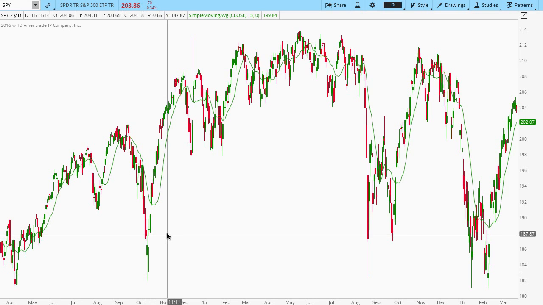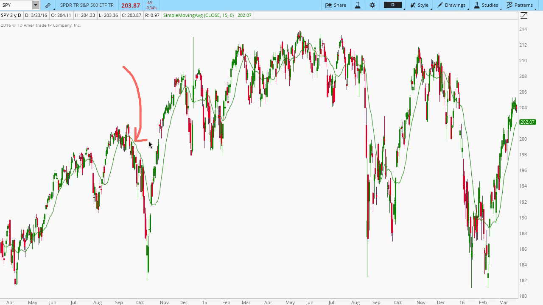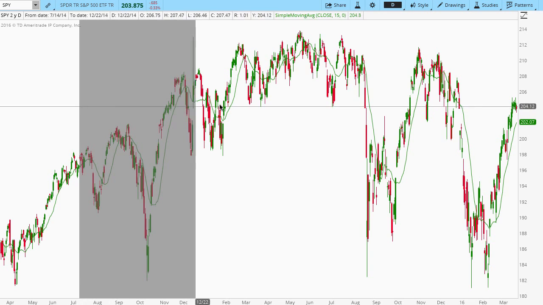First, we're going to look at a chart of SPY at the time we're doing this video. This is the last 2 years on a daily basis, and I've overlaid a simple 15-day moving average. This is the green line you see here. The moving average is one of the more popular indicators that you get started with, especially if you're new in trading.